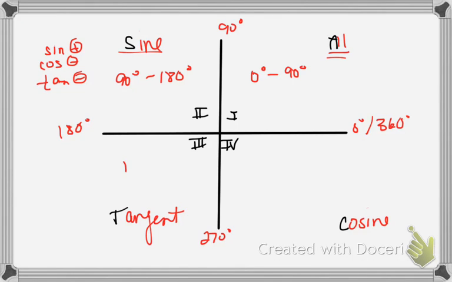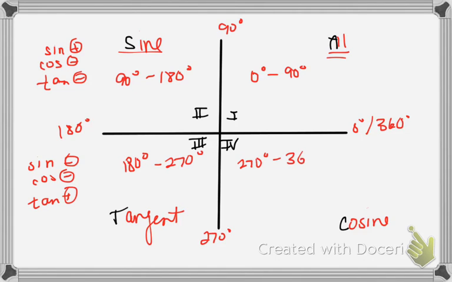Okay, in our next quadrant, the 180 to 270 quadrant, only tangent is positive. So sine is negative, cosine is negative, but tan is positive here. So choose any value between 180 and 270, test sine, cosine, and tan for that, and you'll see negative, negative, and positive. Okay, and then the last quadrant, 270 to 360, this means that cosine is positive in this quadrant.